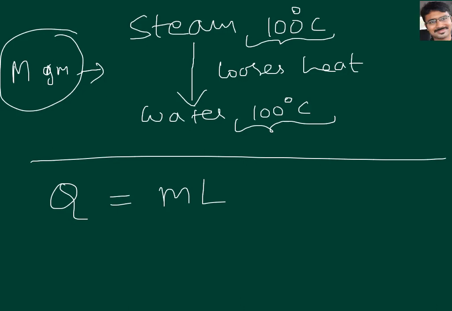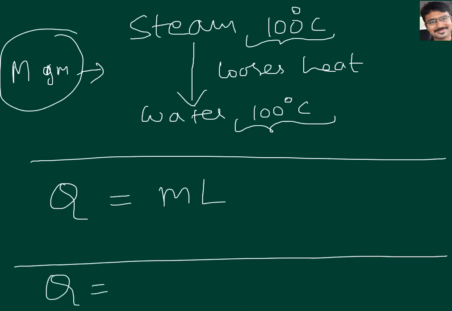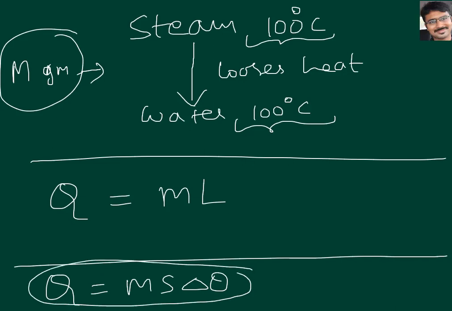We know that there are two formulae for heat, regarding temperature change and change of state. One is m s delta theta. We use m s delta theta only when the temperature changes in the same state.